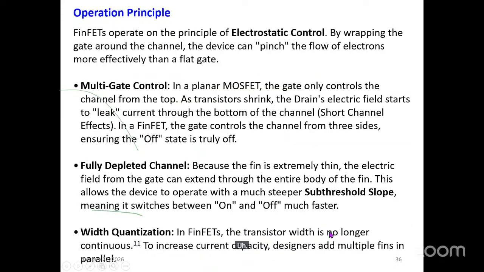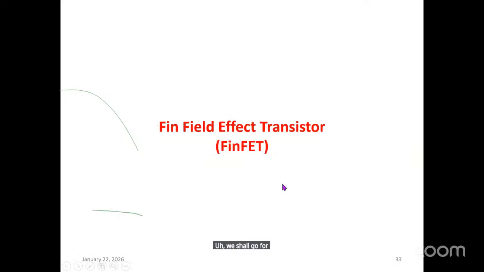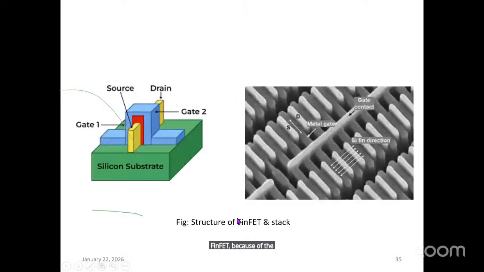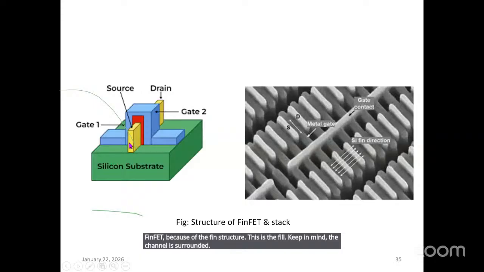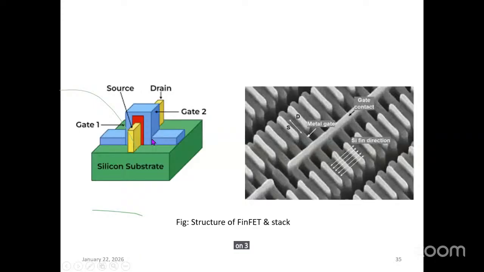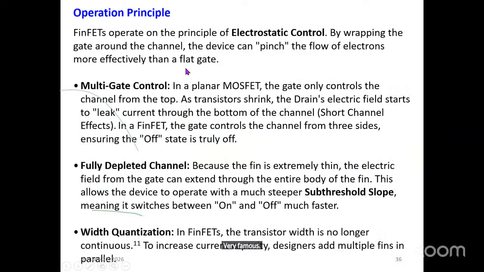We shall go for the quick recap of FinFET. FinFET, because of the fin structure, this is the fin. Keep in mind, the channel is surrounded on three sides by the gate. Therefore, good control on the drain current is achieved. Very famous operating principle.